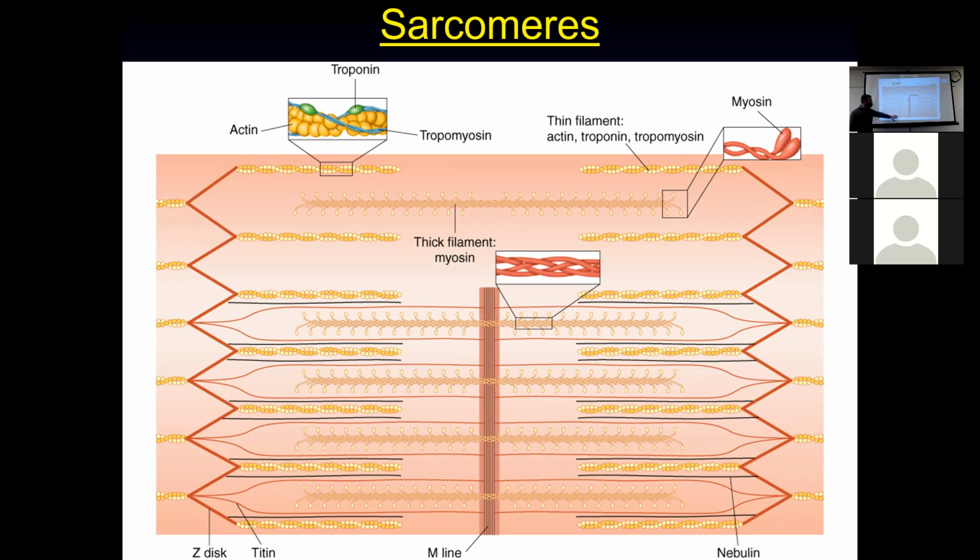They're not overlapping, so this area is going to be light. This area is going to be dark where you're getting both. And then this area is going to be somewhere in between as we near the end line. The arrangement of these actin and myosin filaments creates the striations in skeletal muscle. It creates this very distinct striping pattern because of how they're arranged next to each other.